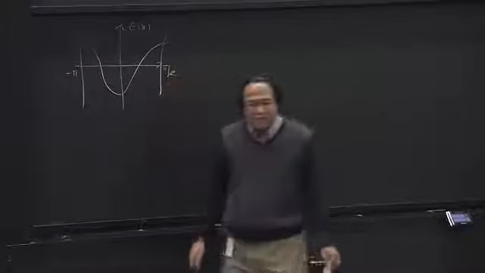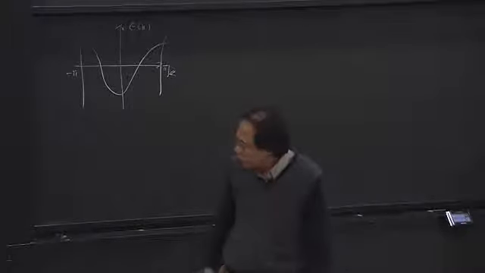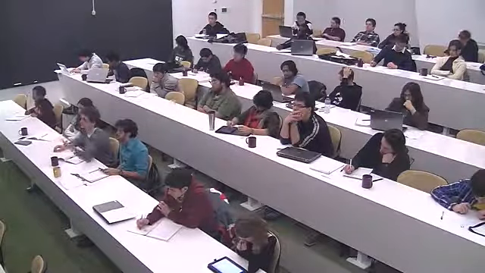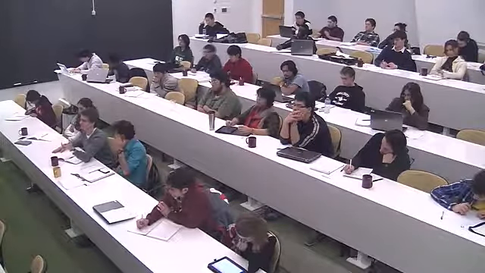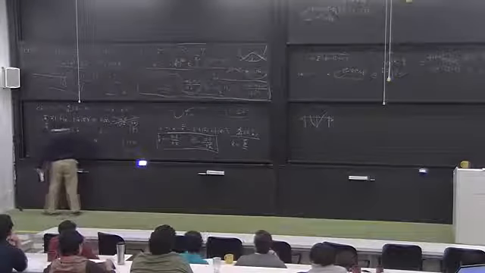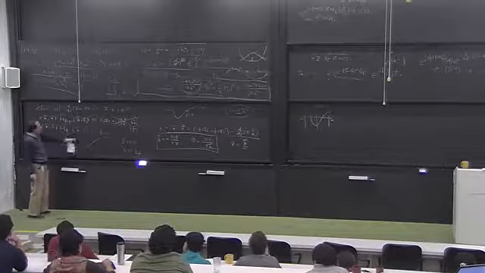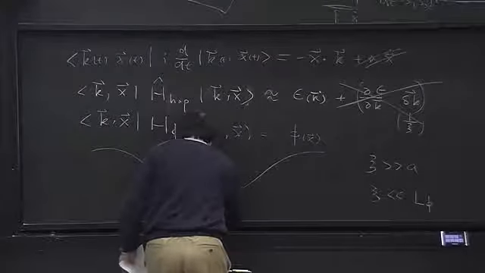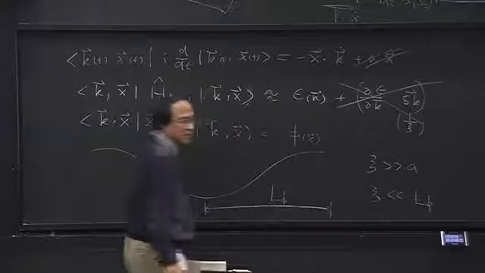Okay. Yes? So the characteristic length here is much bigger than the lattice spacing. Yes. But also much smaller than the length scale of the potential. Yes. But what is the length scale of the potential? Suppose the potential is like this. We say the potential has a significant change over this length scale. So that's L phi.